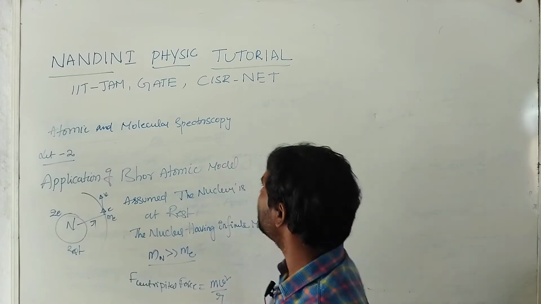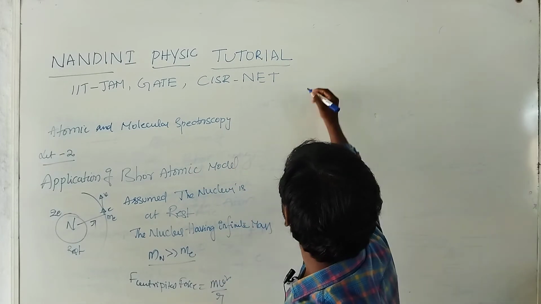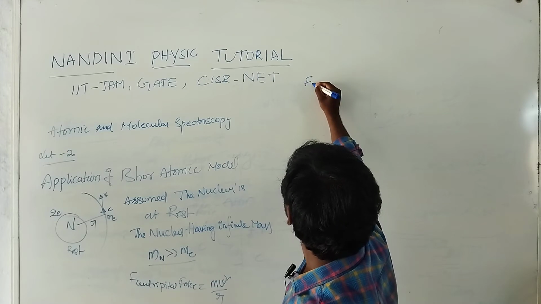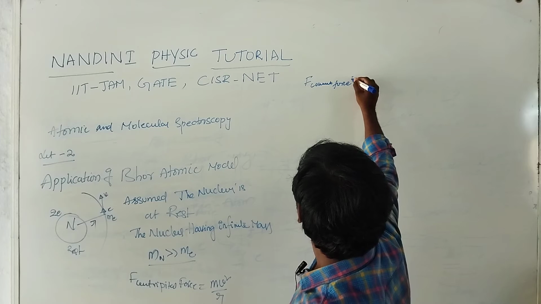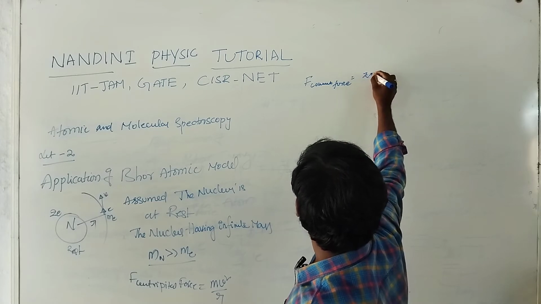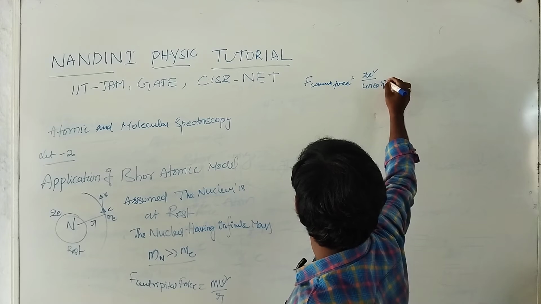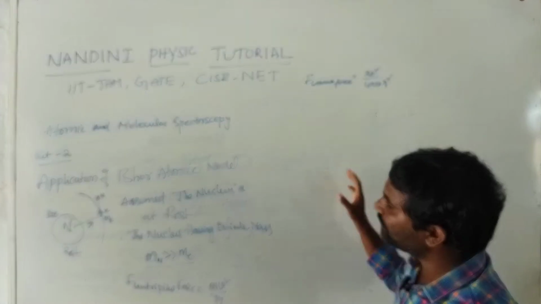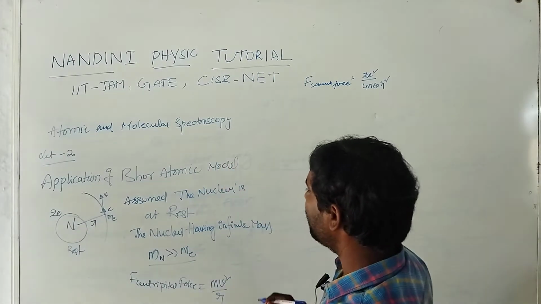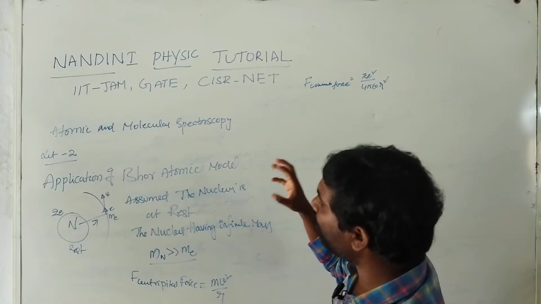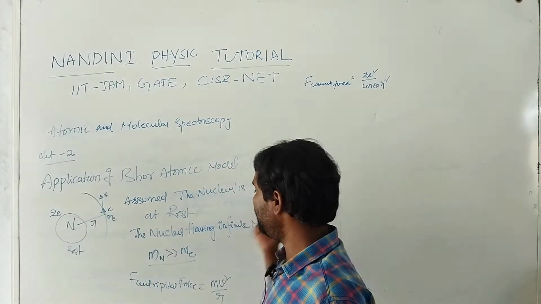So that is the Coulombic force, which is equal to Ze square by 4 pi epsilon naught r square. This is the Coulombic force which exists between the nucleus and the electron. At a particular instant, according to classical theory, these two must be equal.